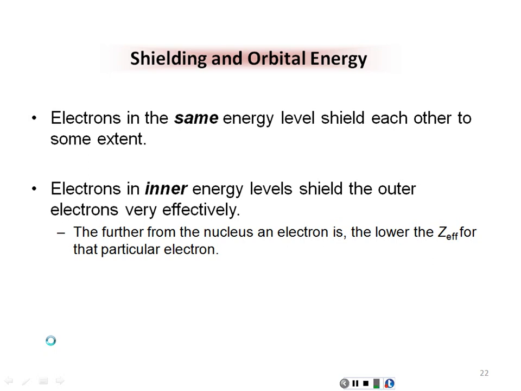And if we talk about electrons in lower energy levels, that is orbitals with lower principal quantum numbers, these inner energy level electrons shield the outer electrons very effectively. And this really lowers the effective nuclear charge that an outer electron experiences.